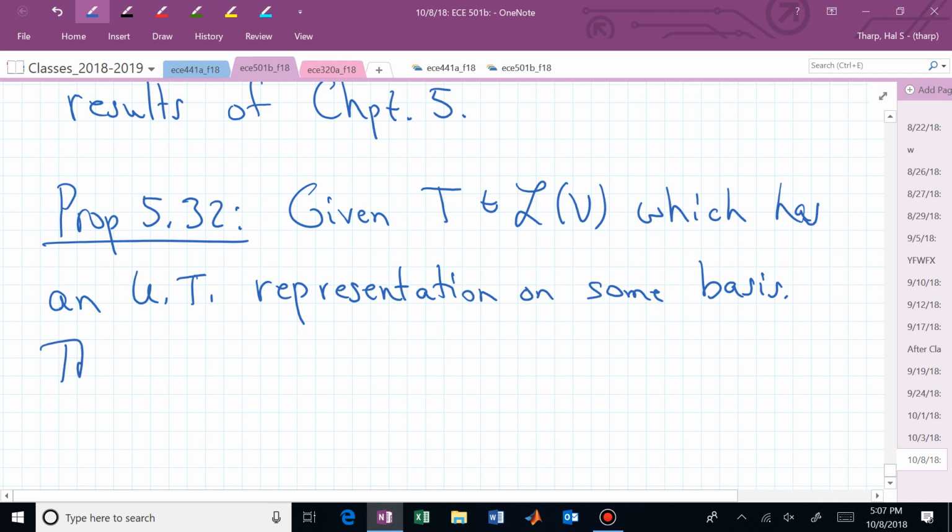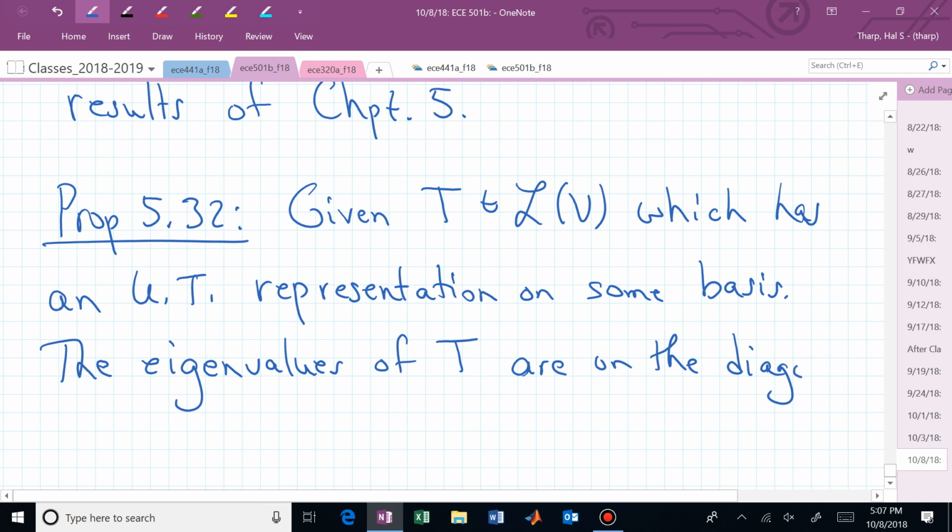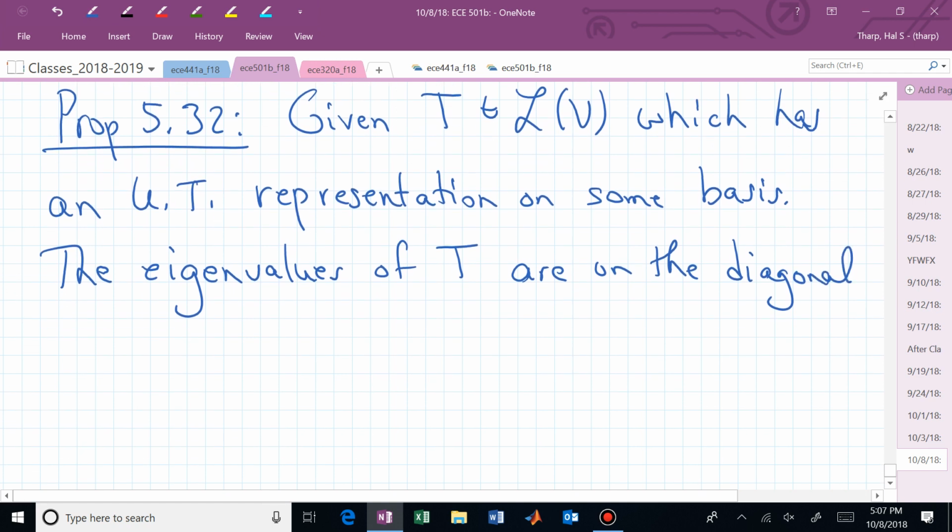The eigenvalues, which, as I said, I've been giving that away all day, of this matrix representation of T are on the diagonal entries of the upper triangular matrix representation.